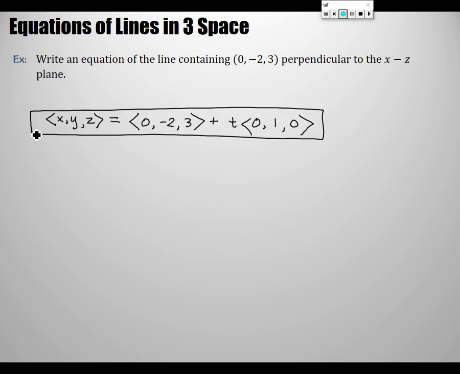And by the way, you can probably name a point on this line too. One of the other points on this line would be 0, -2, 0. Right, all the other points that have the same, sorry, did I say that right? No, I'm sorry, 0, anything, 3.